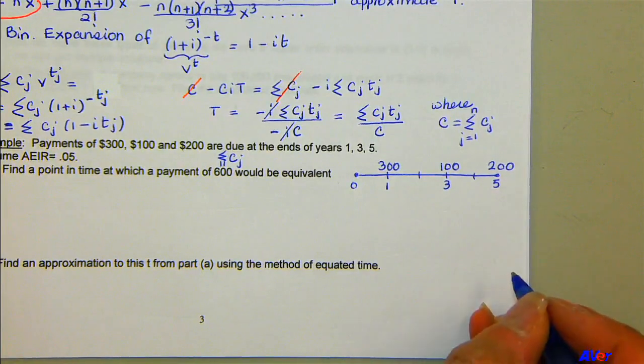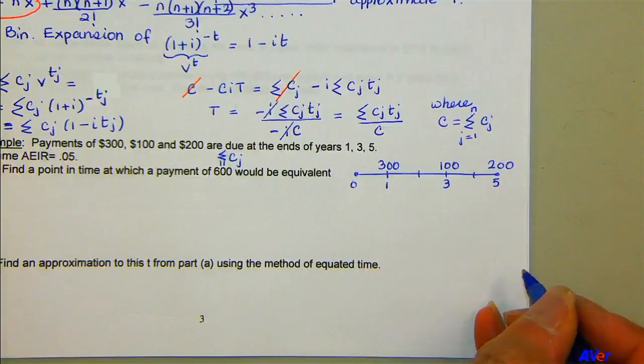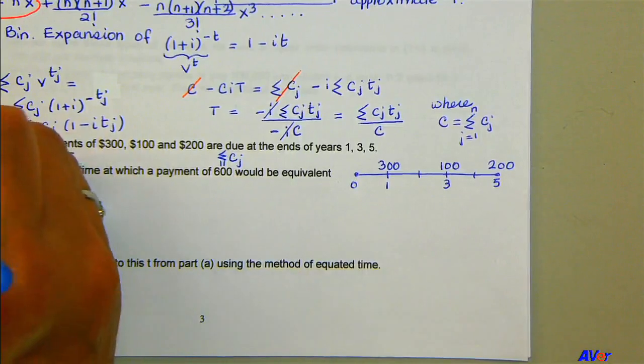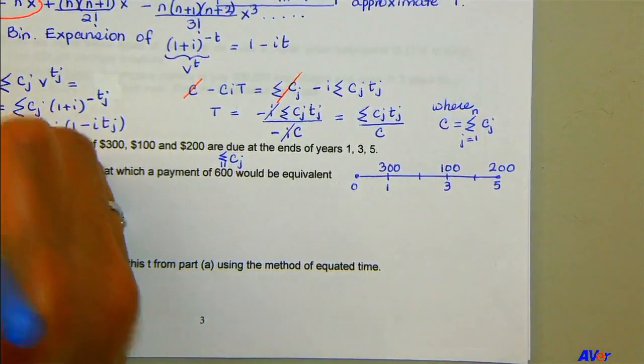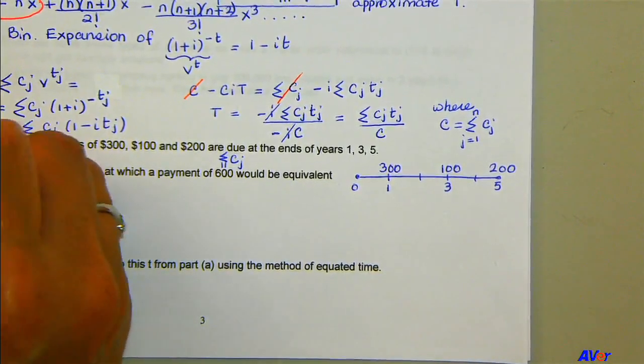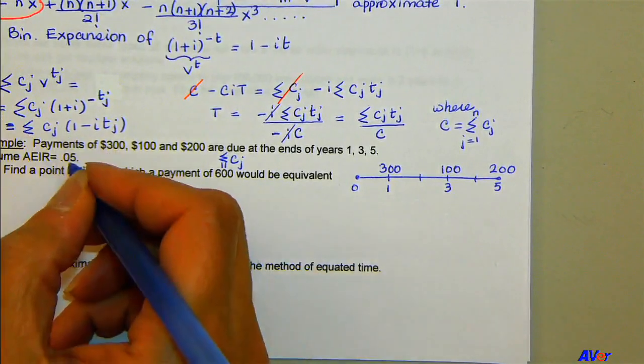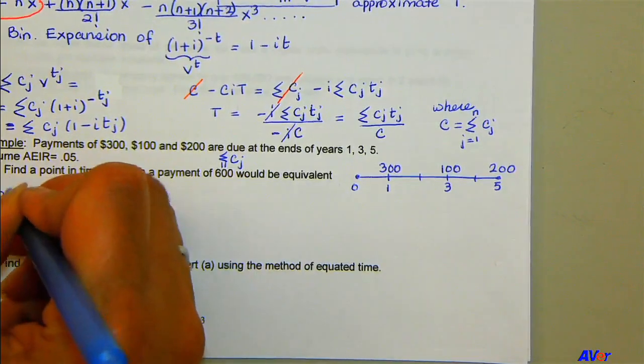So the real way to do this with the exact answer, so let's write here exact answer. $600.